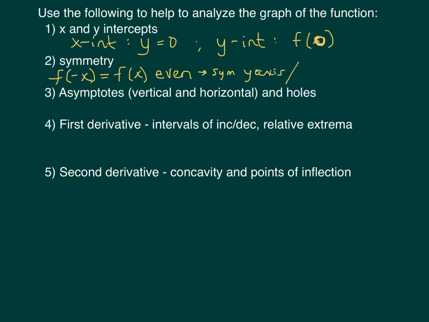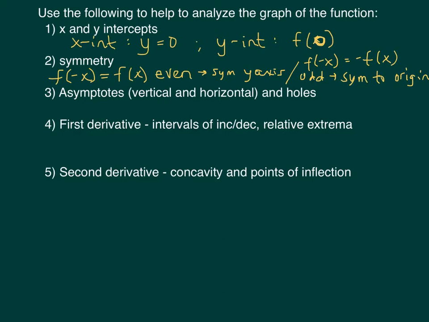If f of negative x comes back the opposite of the original, then it's odd, which tells us it's symmetric to the origin. That helps us with our sketch because it tells us what it should look like. If it comes back neither, then it has no symmetry to the y-axis or to the origin.